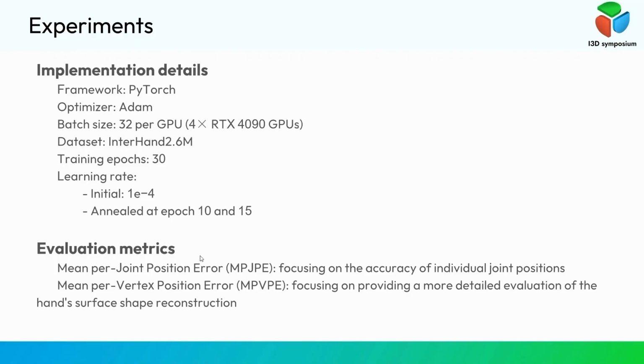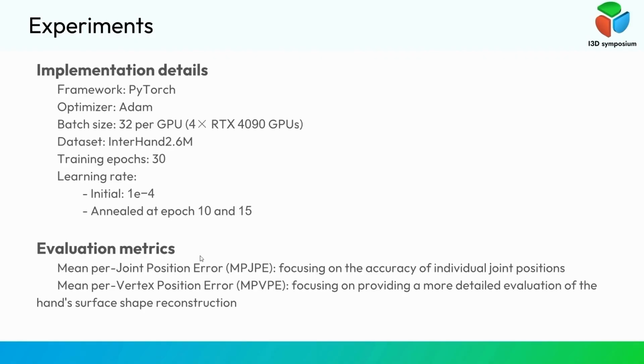Mean per vertex position error is used to assess the reconstruction accuracy of the 3D mesh vertex positions. Similarly, after aligning the root joint, it computes the Euclidean distance between the predicted mesh vertices and the ground truth. Unlike MPJPE, MPVPE provides a more detailed evaluation of the hand surface shape reconstruction quality, reflecting how well the surface shape fits.